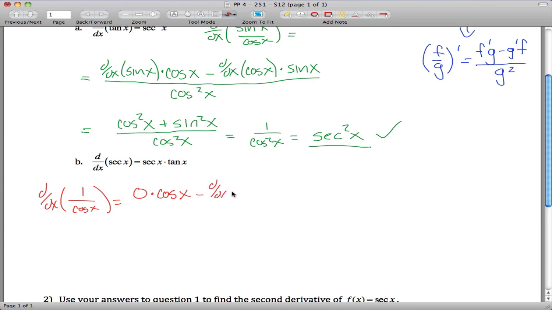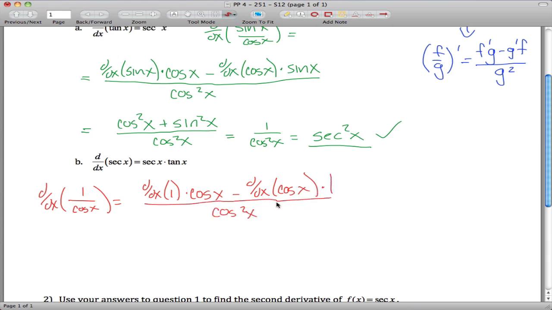To really emphasize what I'm doing here, instead of writing a 0, I'm going to write the derivative of 1 times cosine minus the derivative of cosine times 1, all divided by cosine squared.